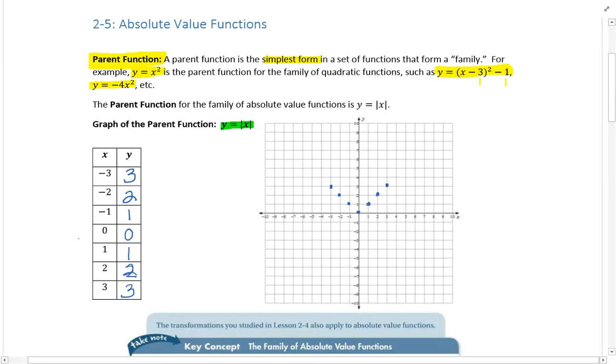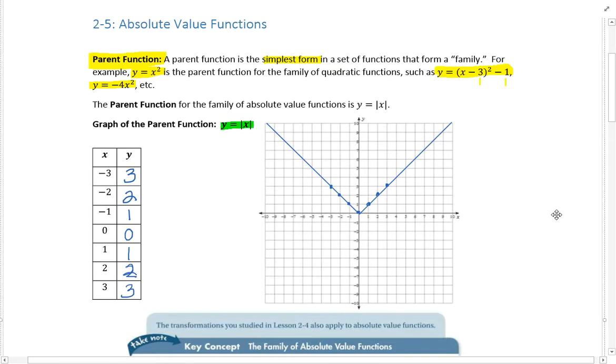Now if I were to put in more numbers like negative 4, negative 5, negative 6, I would see essentially a shape forming here that would keep going in this direction. And then we can do another line going in this direction. And so you get a V shape. So this is the basic absolute value function.